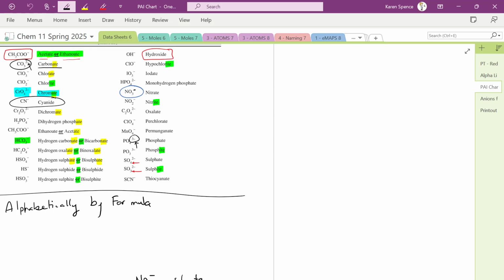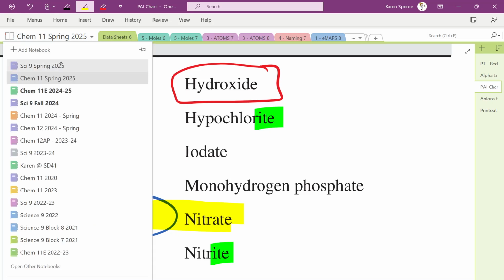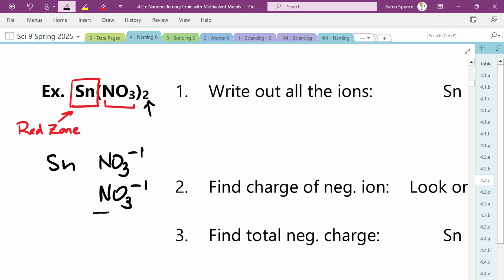And we're going to say NO3. Let's find that one. NO3 is -1, and it is nitrate. NO3 is -1, so we draw negative, negative, -1, -1. And remember, you add up your negative charges, you get -2.